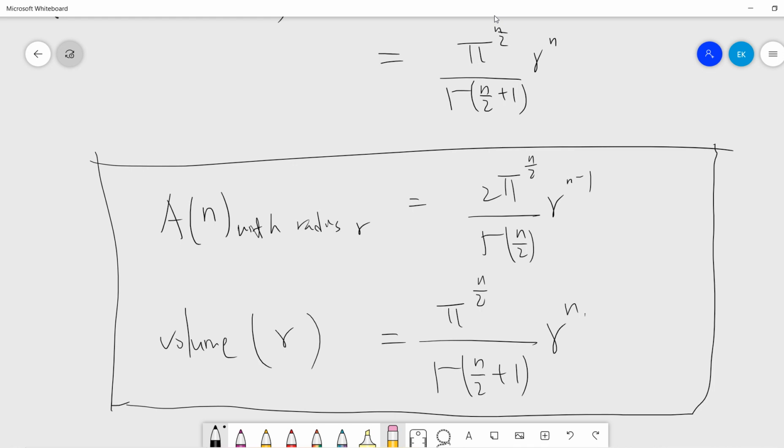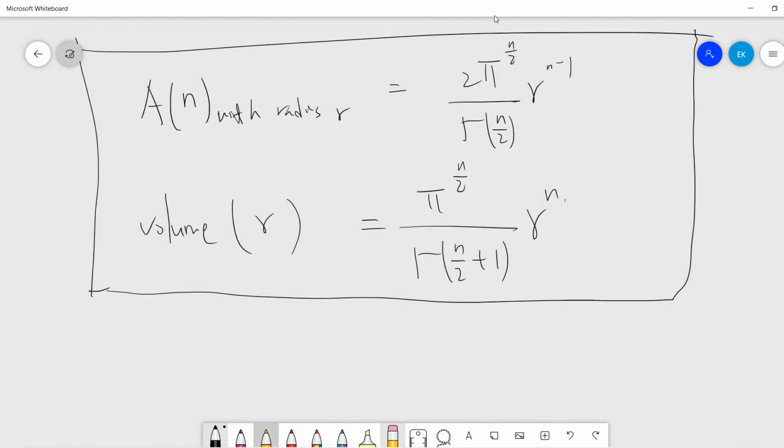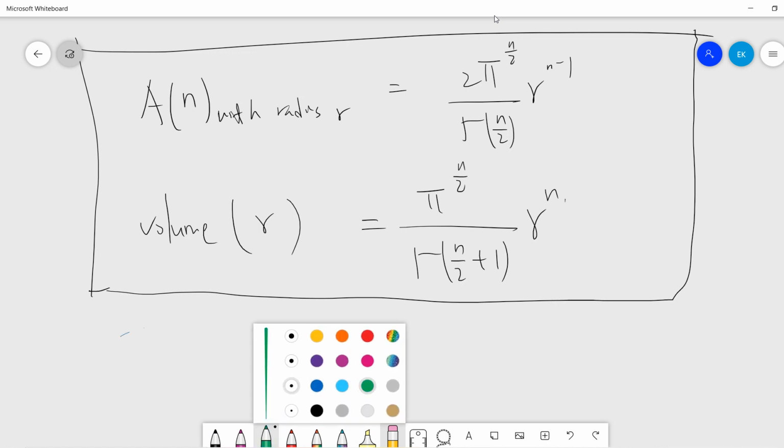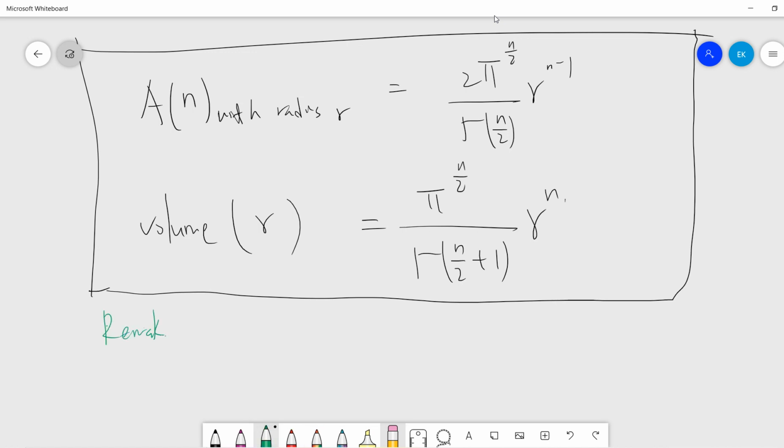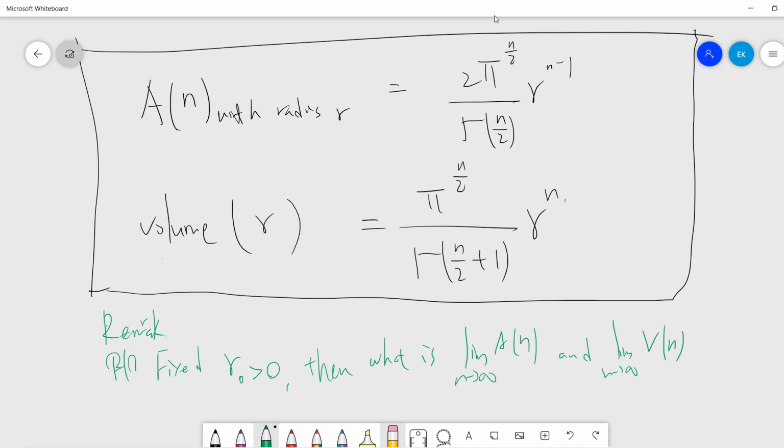I think it's not very difficult, and I have a remark that you should think about. Fix r. Suppose somebody fixes r greater than 0, then what is the limit as n goes to infinity of A of n, and the limit as n goes to infinity of V of n?